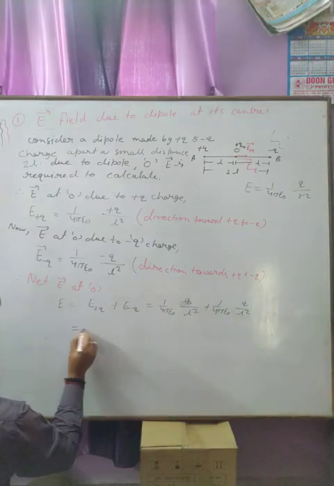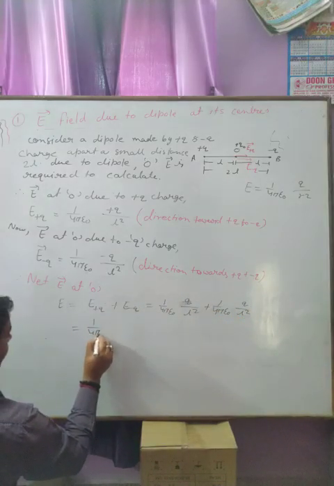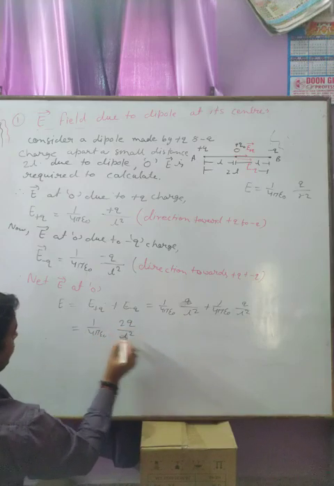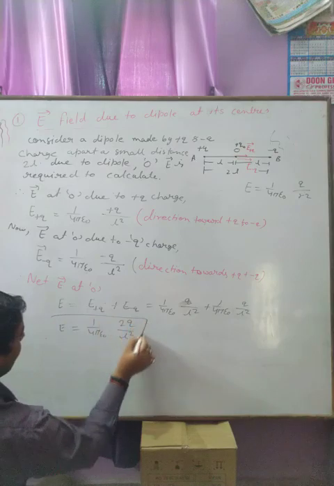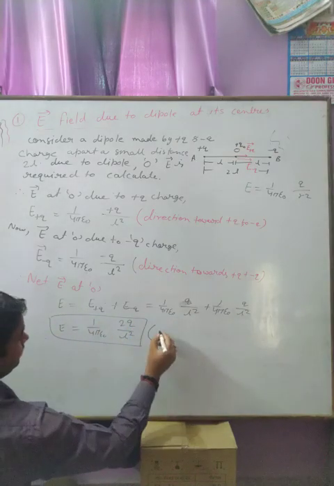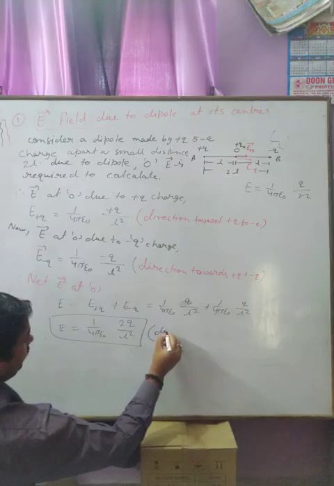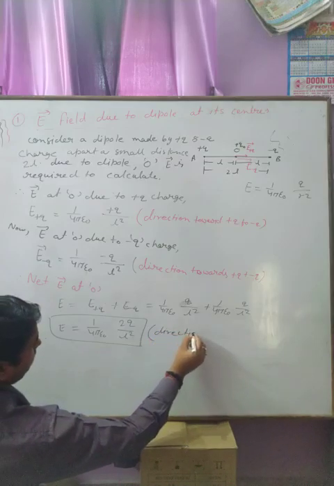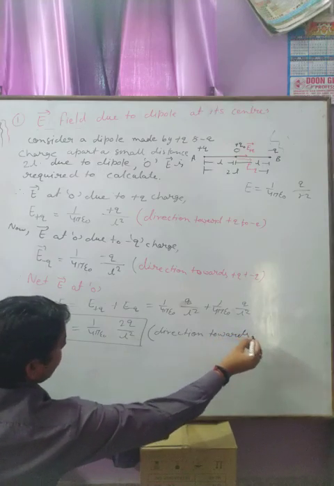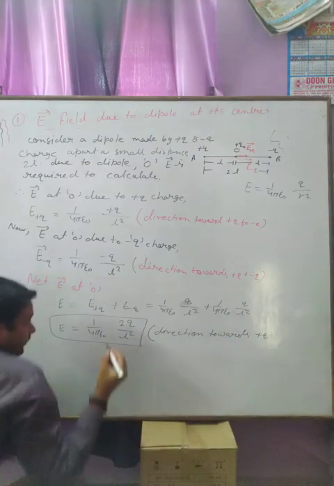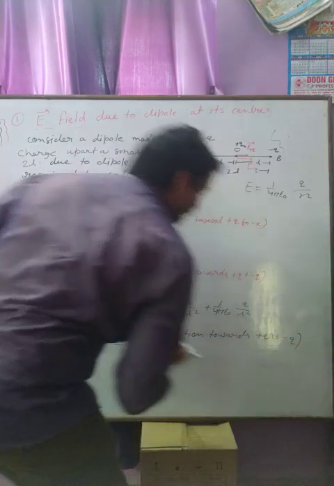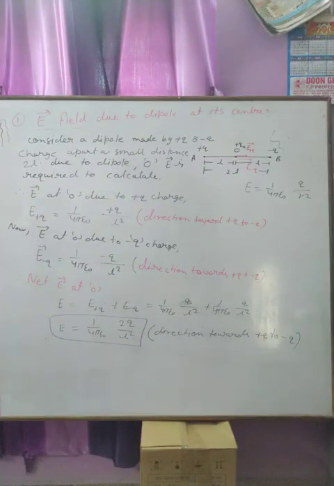By adding, we get 1 upon 4 pi epsilon naught 2q upon L square. This is the electric field at the center of the dipole, having direction towards plus q to minus q. Copy this student.